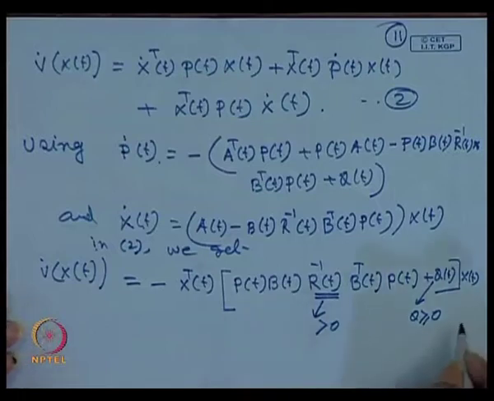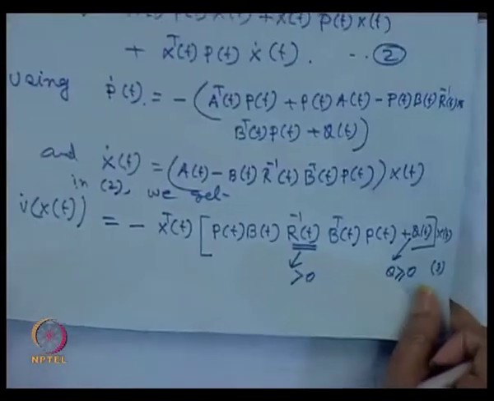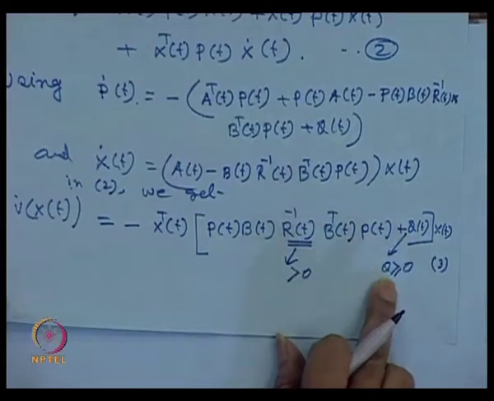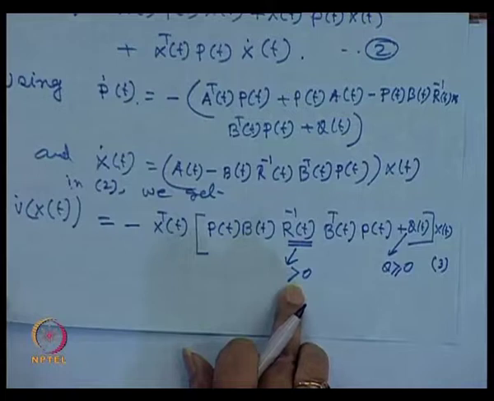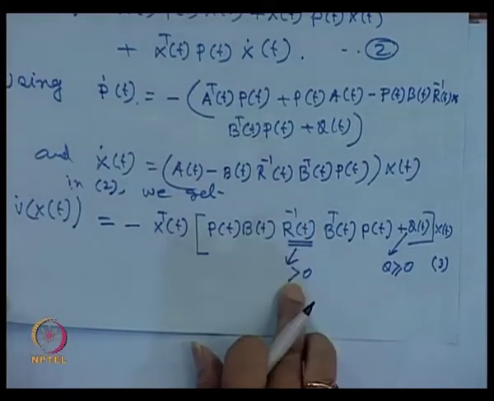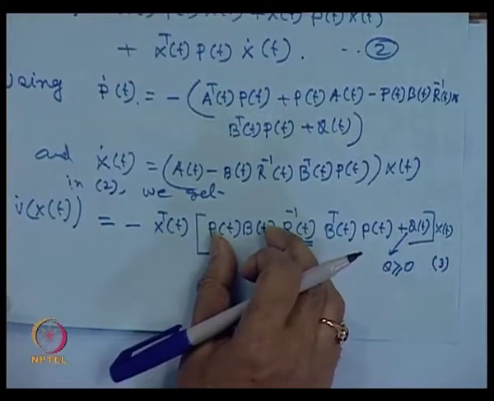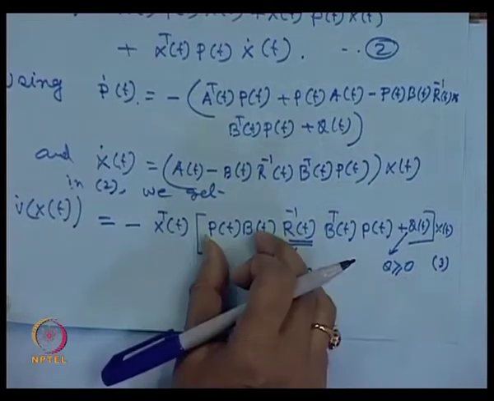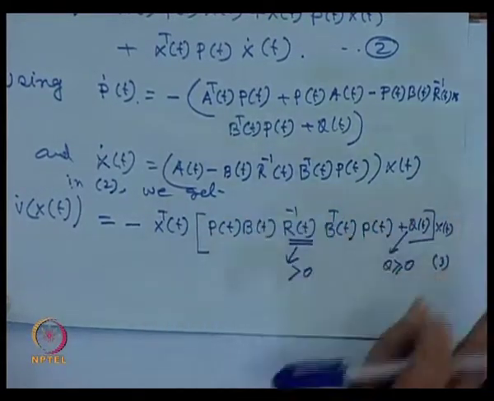Clearly, from the expression of 3, Q is a positive semi-definite matrix and R is a positive definite matrix. So R inverse is also positive definite; it is pre-multiplied by a matrix and post-multiplied by its transpose. So this matrix also will be positive definite.